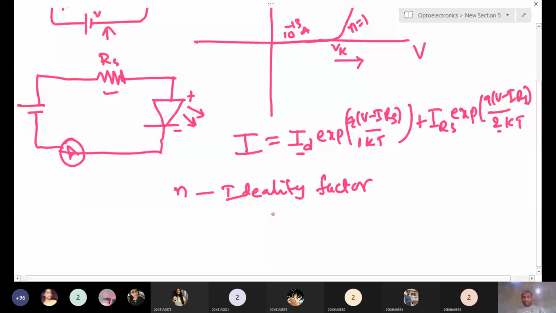The answer is in the question itself: ideality means what? What is meant by ideal? Are you listening? If you don't know English, tell me in Telugu. I don't have any problem.